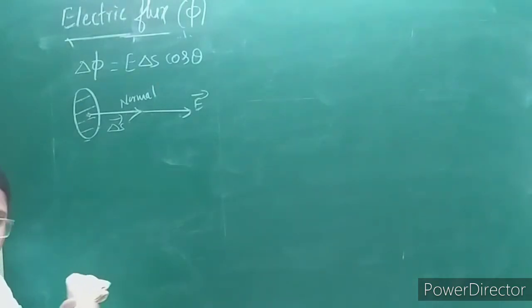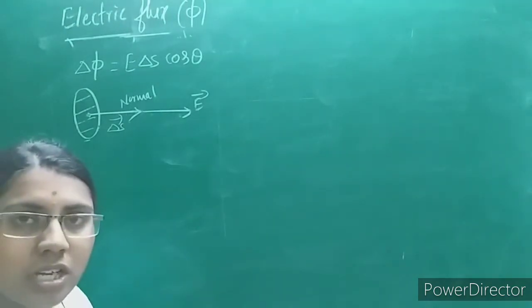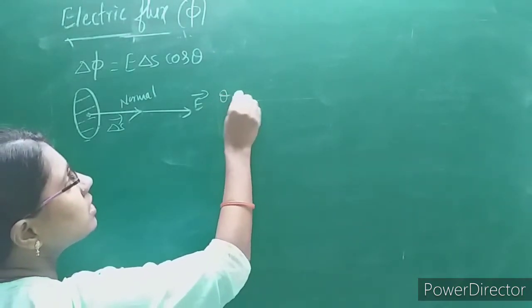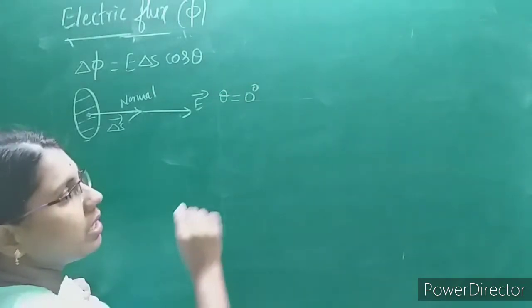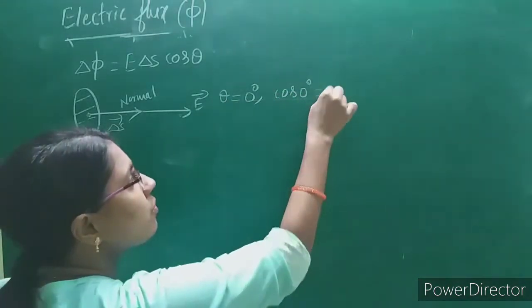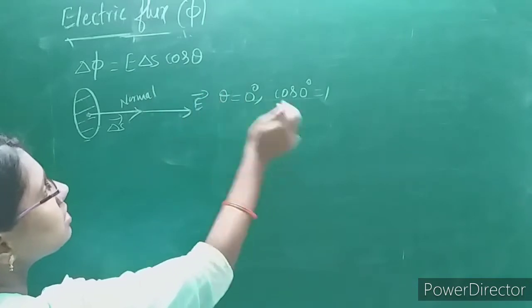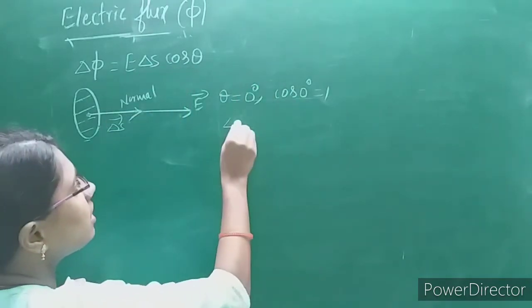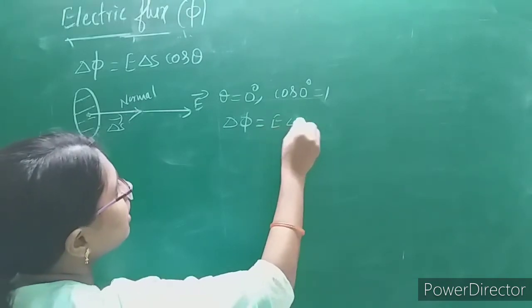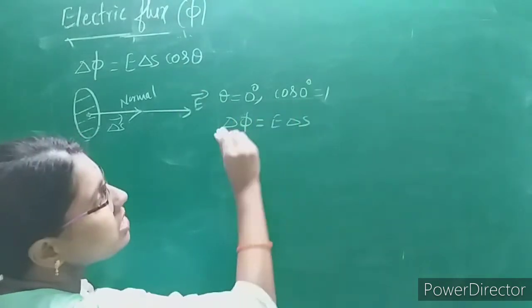We know if two vectors are acting in the same direction, the angle between them is 0 degree, right? So here theta is 0 degree. If theta is 0 degree, then cos 0 degree value is 1. Now substitute this value in this expression. Therefore delta phi is equal to E into delta S, since cos theta value is 1.